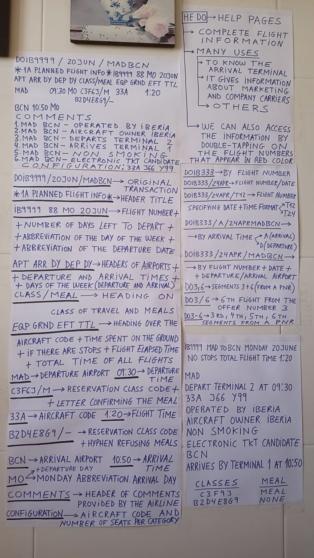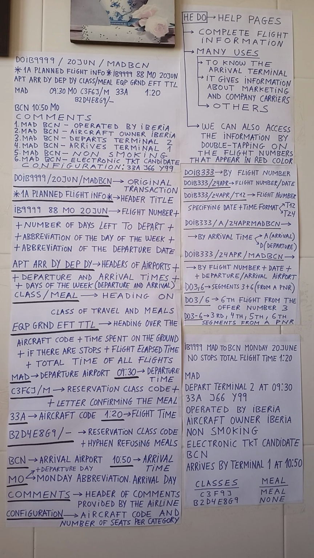I am going to take advantage of the 3 folios 1, 2, and 3 that you can see below to explain each of the parts that appear on the top folio.